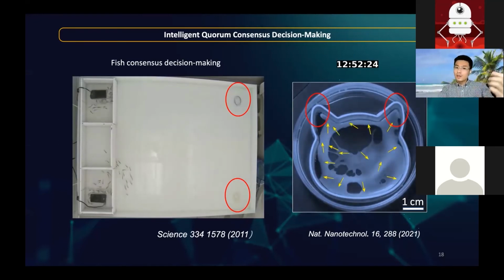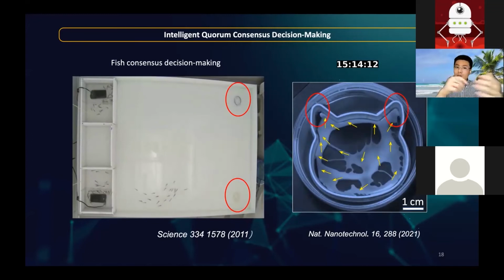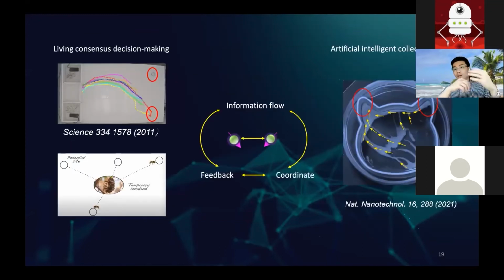So this is very interesting and very important, because we finally synthesized a system that is so close to the intelligent collective behavior in biological systems, just like that found in fish and honeybees. We can find some very fundamental rules between the collective intelligence in biological systems and the collective dynamics in synthetic systems.